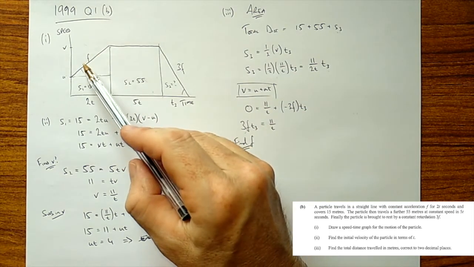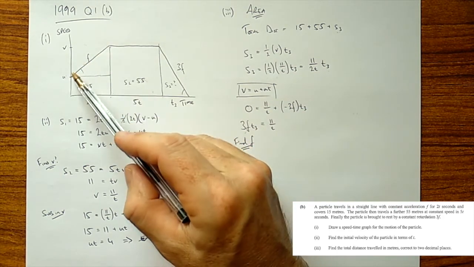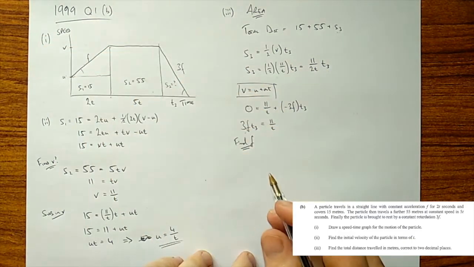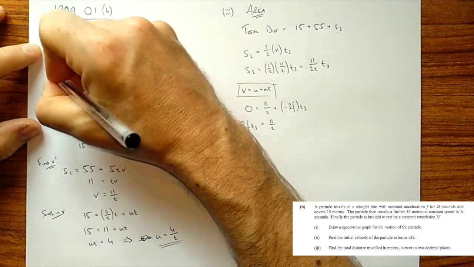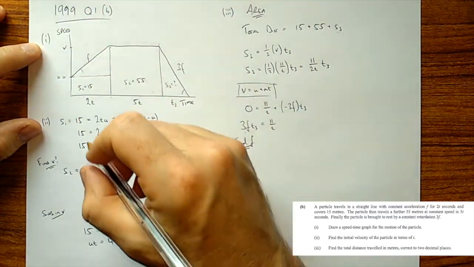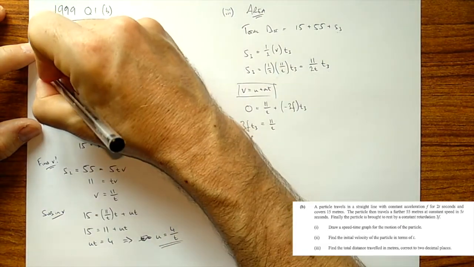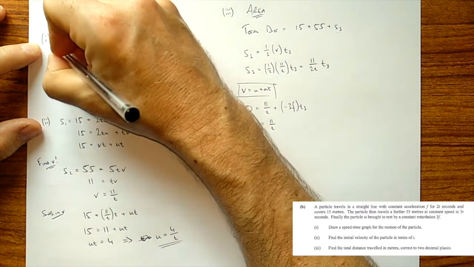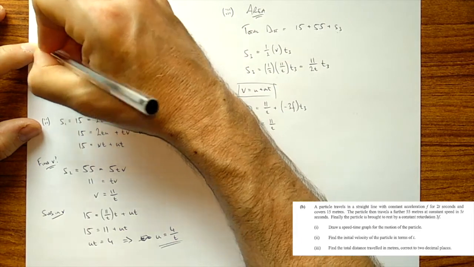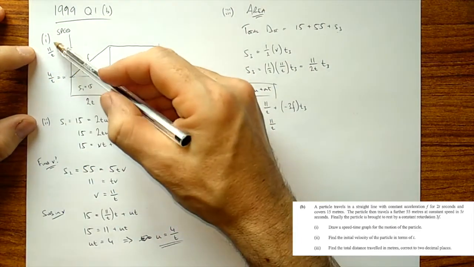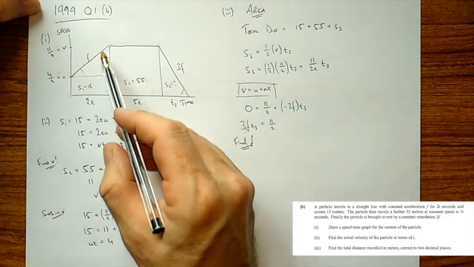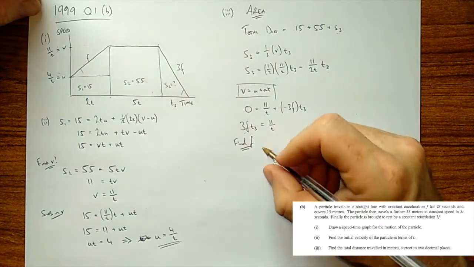I have F back here. All right. I now know U, and a little bit of a tip on this one. Sometimes it can be no harm to write these guys in. So U was 4 over T, and V is 11 over T. Good idea to do it as you go, just so you can see all your information. Because now actually finding F over here may be possible.